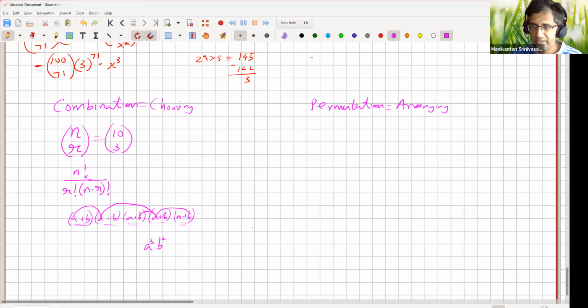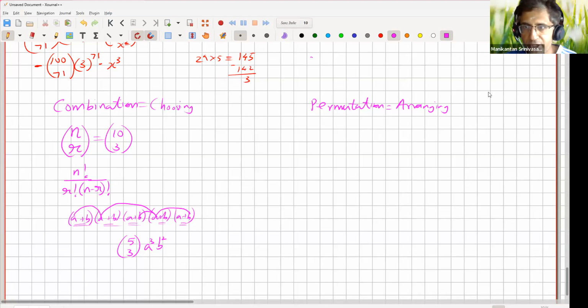Of the 5 terms, I could have picked any 3 a's and then the remaining 2 b's, and all such ways of choosing 3 a's and 2 b's will add up to give a term which has a cubed b squared, and the number of them would be 5 choose 3. Just a recap of what we did last class. All okay on this one? Guys, you're with me completely on this?